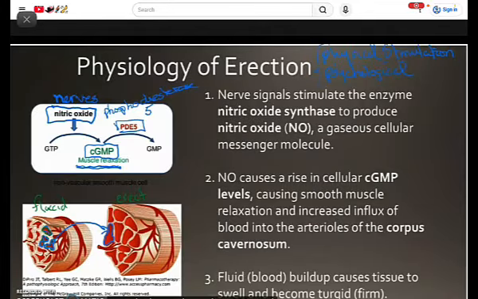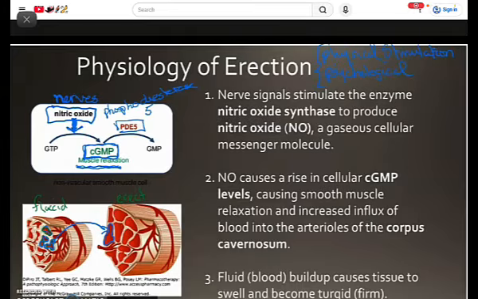So physical and psychological stimulation, and usually a combination of both, will cause the nerves to release nitric oxide onto the smooth muscle cells, causes cyclic GMP, and as long as you have a lot of nitric oxide continually being released, then your nitric oxide levels are going to be greater than your PDE5 breakdown, and you're going to keep a good level of cyclic GMP.